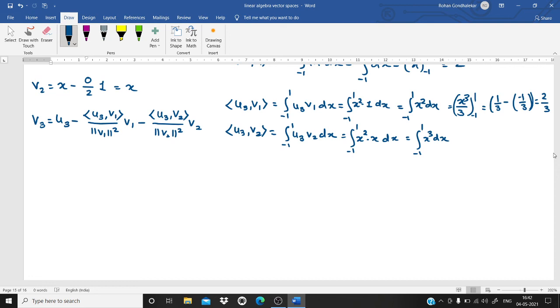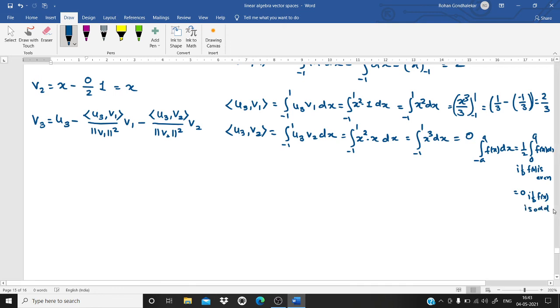Here I am taking an integration from minus a to a of an odd function. x cube is an odd function. Hence, directly we get 0. Integration from minus a to a of f of x dx is equal to 2 times integration from 0 to a of f of x dx if f of x is even, and is equal to 0 if f of x is odd. This is a property that is well known to us.